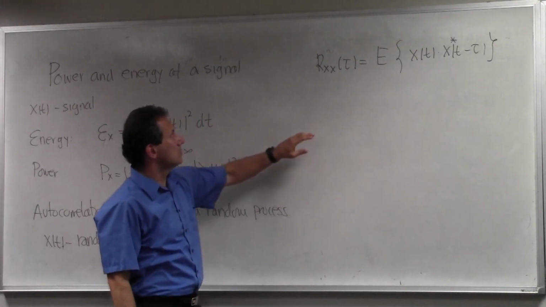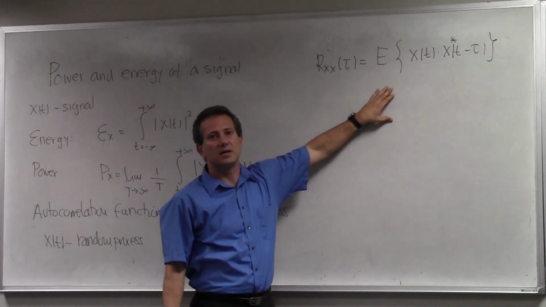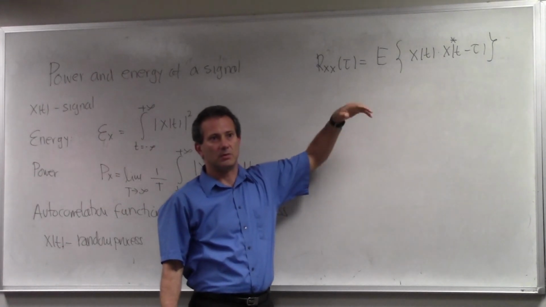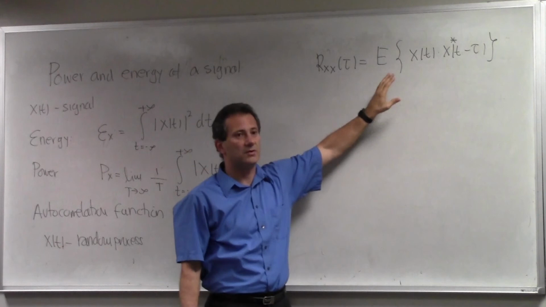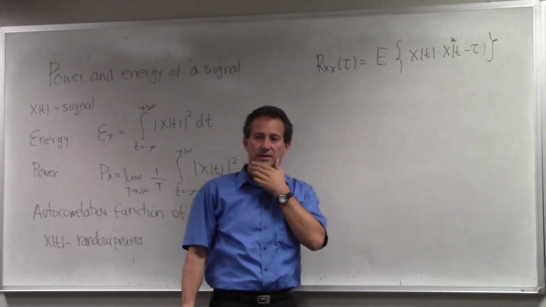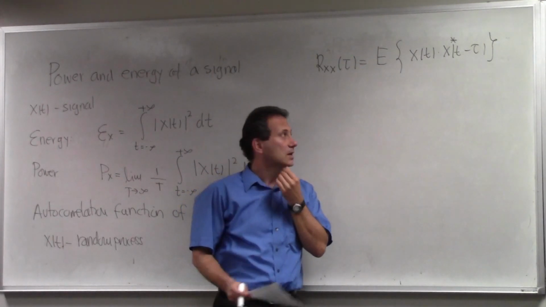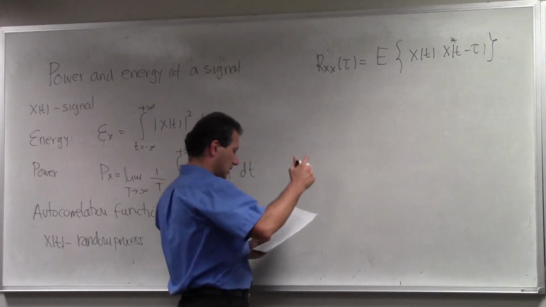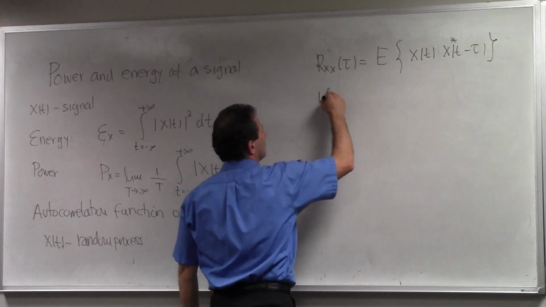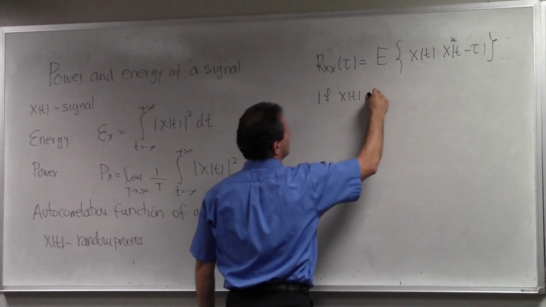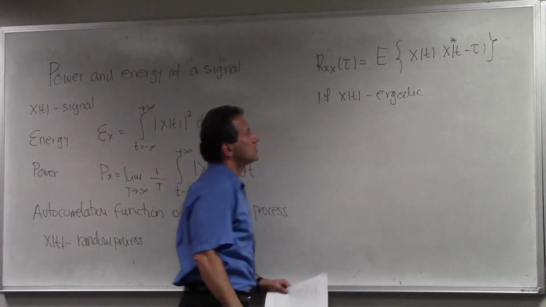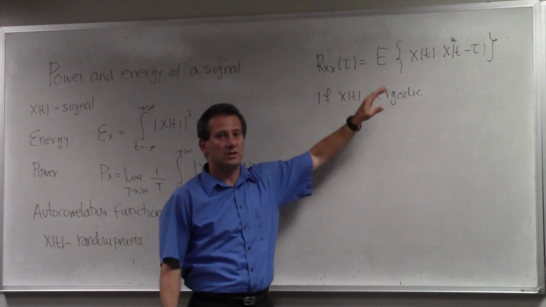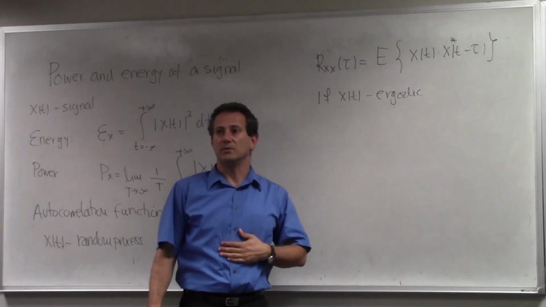Now, notice here, this is defined through ensemble averaging, right? I'm looking at the various realizations and I'm taking the expected value across all possible realizations of this random process. If the process is ergodic, if x of t is ergodic, then we can actually substitute this ensemble averaging using time domain averaging.